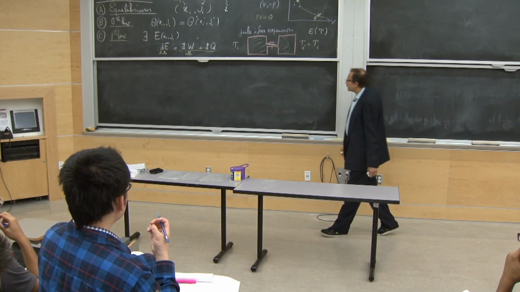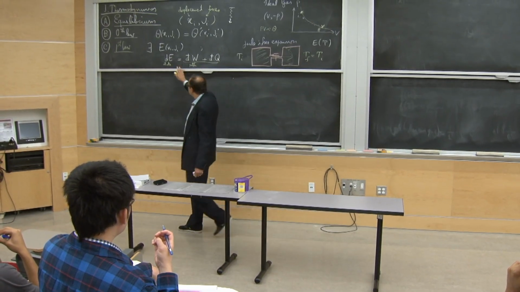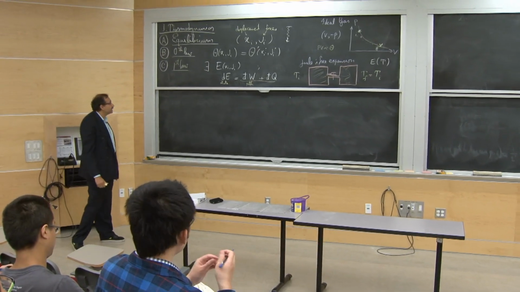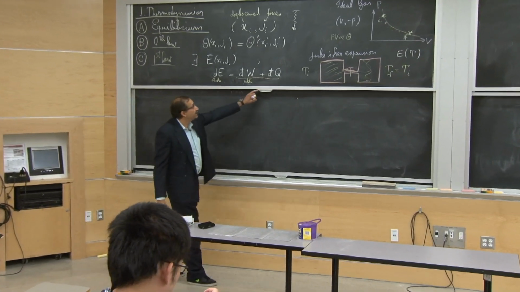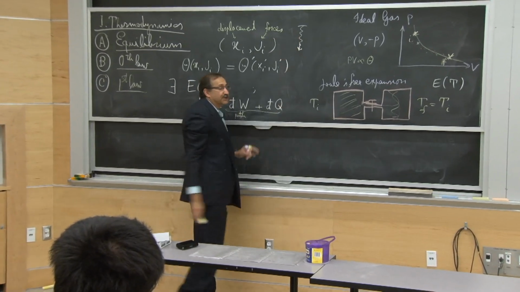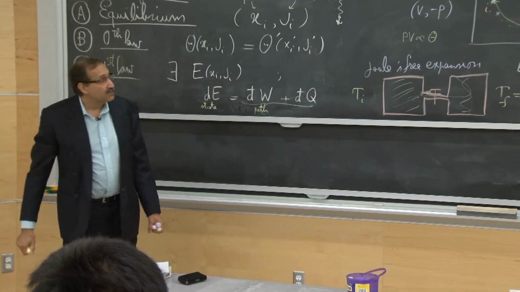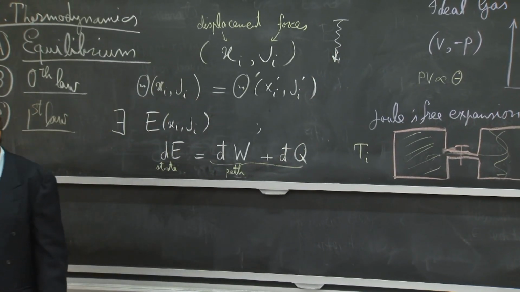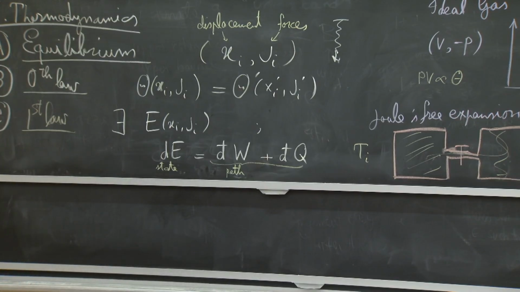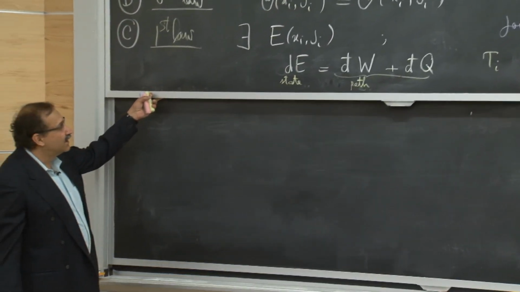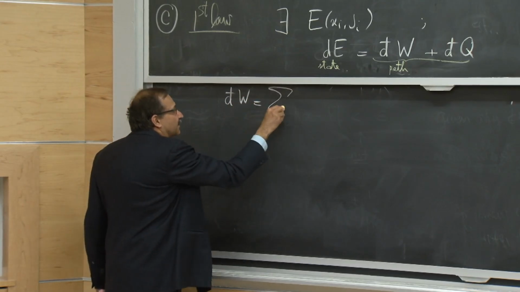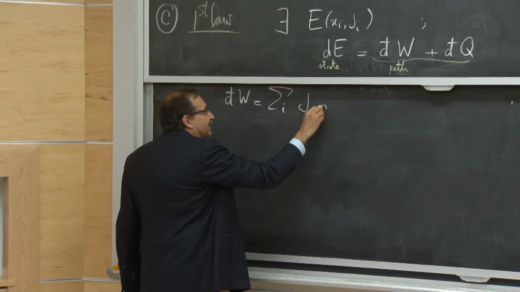All right. Now, it would be good if we can construct this function somehow, at least theoretically. And you would say, well, if I had a spring, and I didn't know whether it was a Hookean or a nonlinear spring, what I could do is pull on it, calculate what the force is and the displacement, and integrate f dx, and use the formula that quite generally the mechanical work is the sum over i of J_i dx_i.